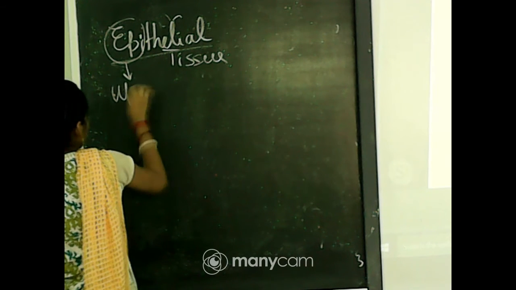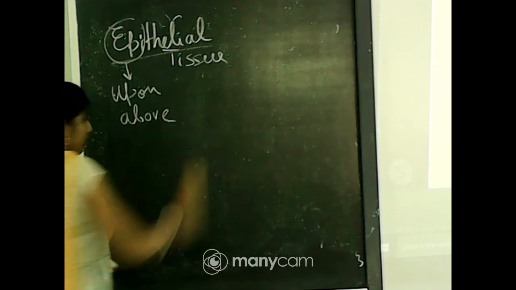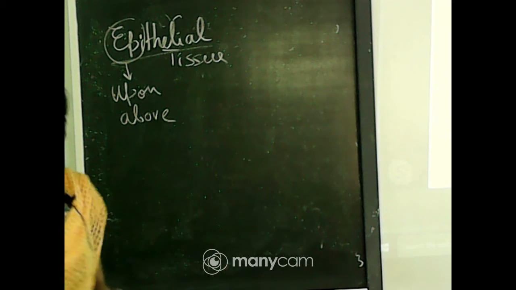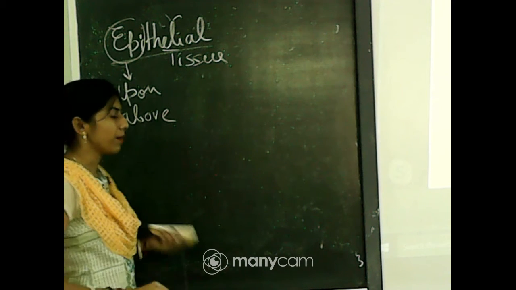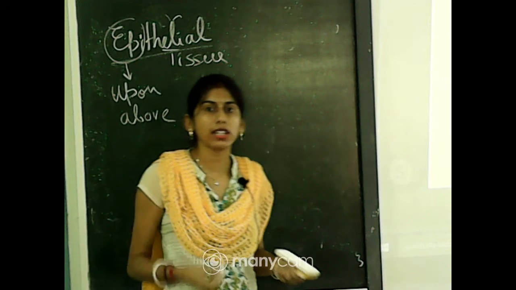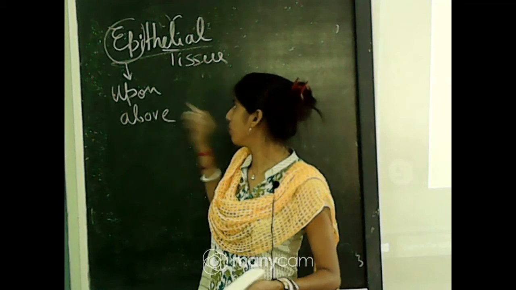The term epi means upon or above. So, this type of tissue can be found in the outer or inner lining of any organ.